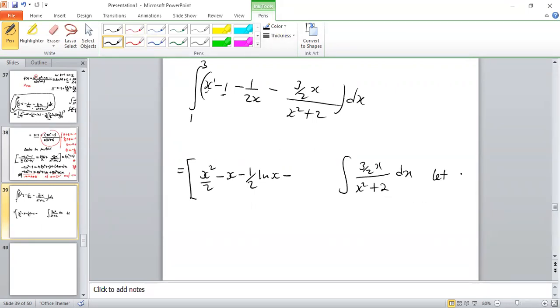So say let u be equal to the denominator, which is x squared plus 2. We are integrating by the substitution method because we have an x here and an x there. So let's have du dx, differentiation. When you differentiate x to the power 2, what do you get? You get 2x, isn't it? Differentiation of a constant gives you what? 0, isn't it?